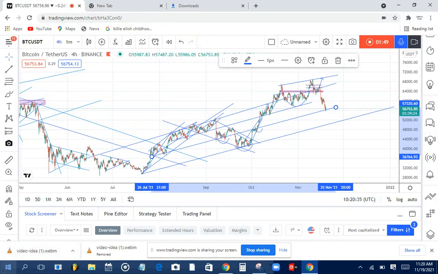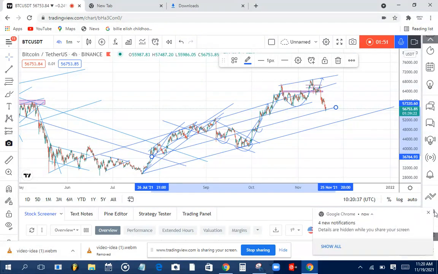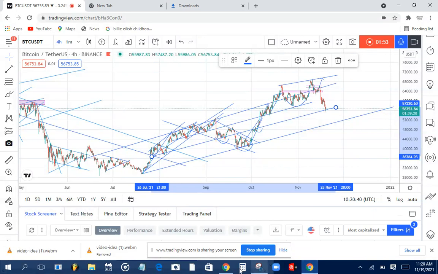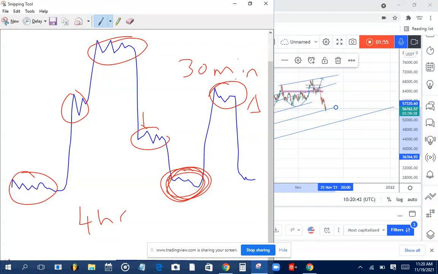So I hope you note that whenever you make your analysis on a bigger time frame, like 4 hours, go to 1 hour or 30 minutes to confirm it. On the 4 hours, you'll be seeing 2 rejection candles on a resistance.